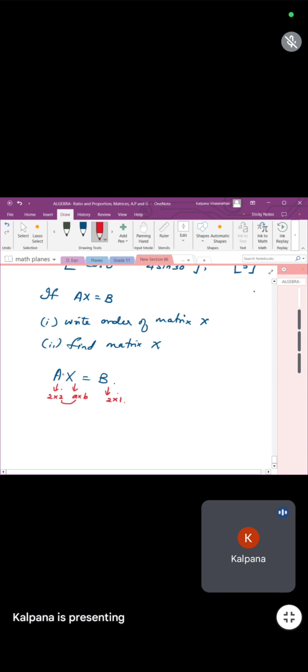And also the resulting product matrix will always take the row from the first matrix and the column from the second matrix. Now what is the order of this matrix X? 2 by 1. So the order of matrix X is 2 by 1.